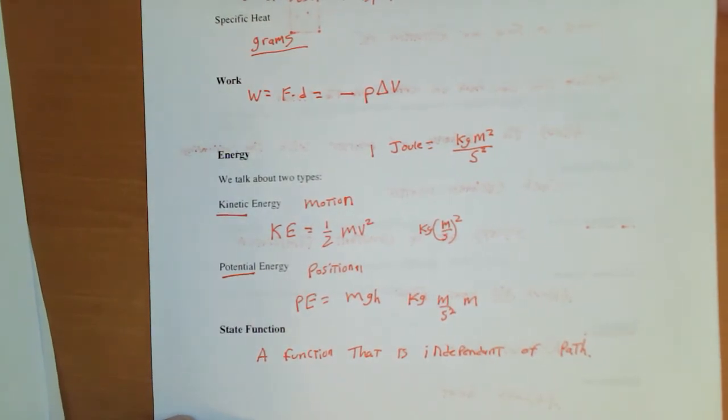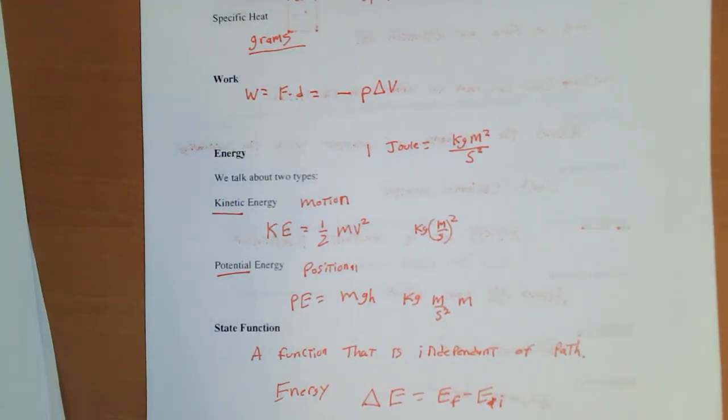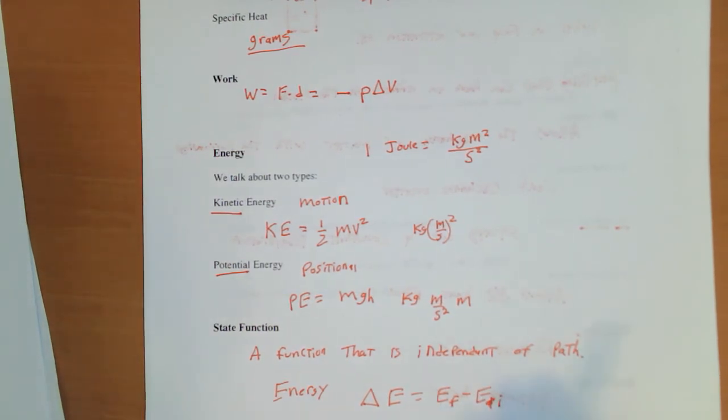It's the difference between the beginning and the end. Energy is a state function. So what we can say is to calculate an energy change, delta E, we can go E final minus E initial. Okay? All that matters is the first value and the final value, and you take the difference between them.